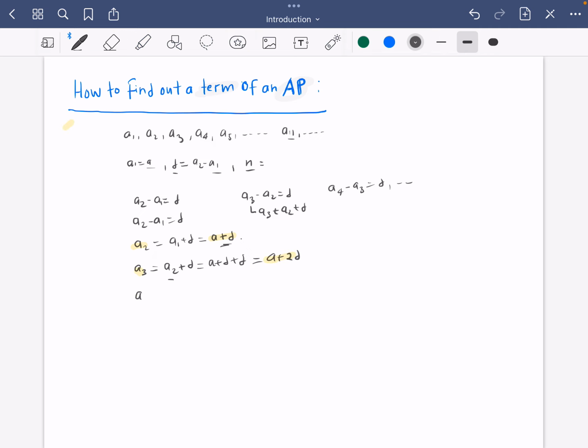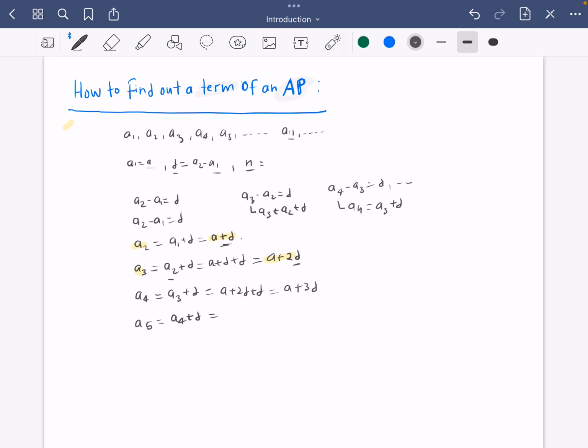Then A4 is going to be the previous term, A3 plus D. So A3, you know, from here is A plus 2D, plus D, A plus 3D. Similarly, you can calculate A5. It's going to be the previous term plus the common difference.